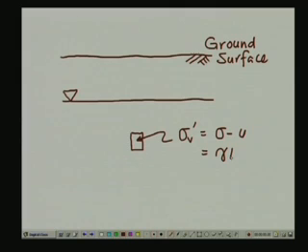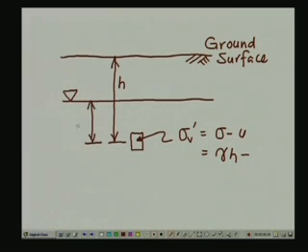So, gamma times h, where h is this height, minus u, that is going to be equal to gamma w times h w. Now, let us say we have got the water table lowered because of excessive tapping of local groundwater.